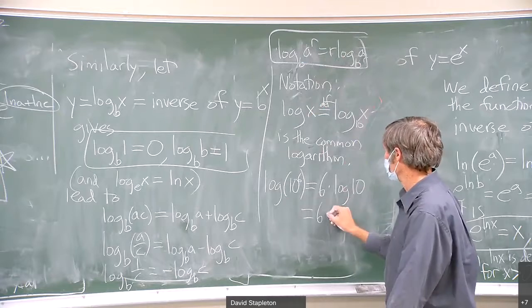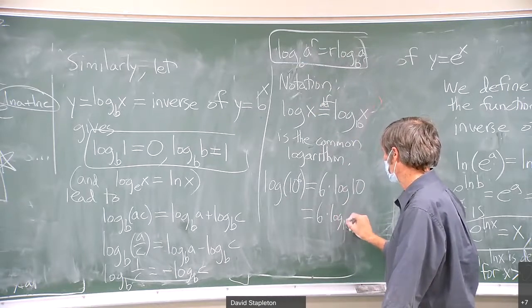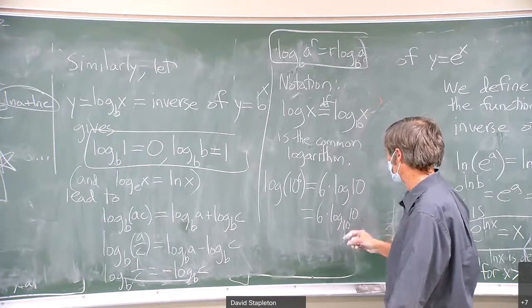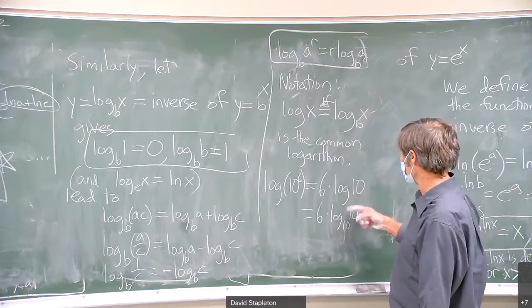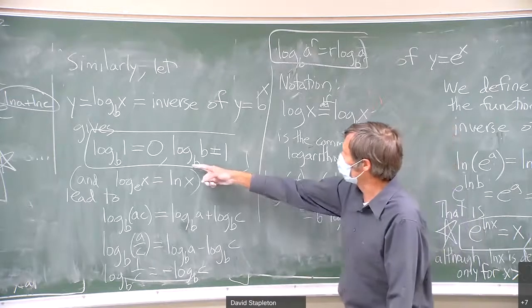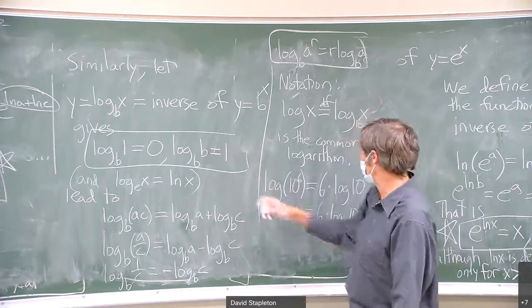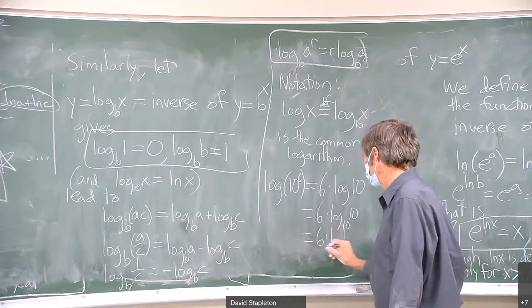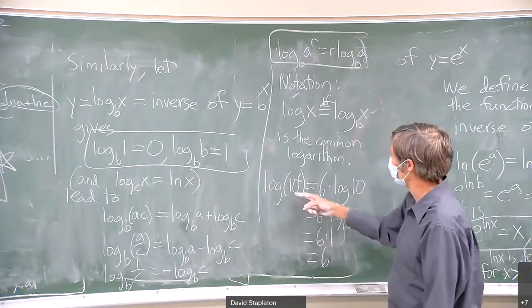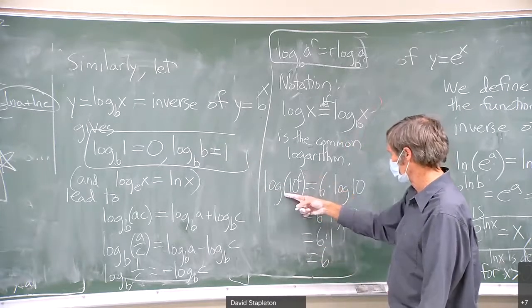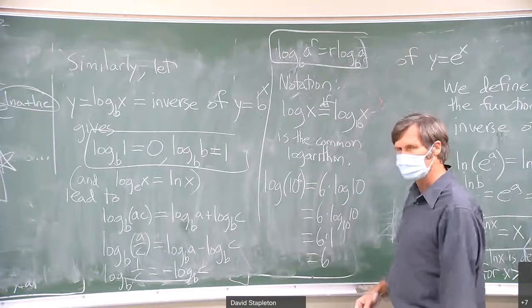But what is log base 10 of 10? With the base omitted, 10 is assumed, but log base 10 of 10 is 1. This holds for any base. So this is 6 times 1, which is 6. And so if you take log of 10 to any power using the common logarithm, you just get the power out of it. So that's kind of nice.